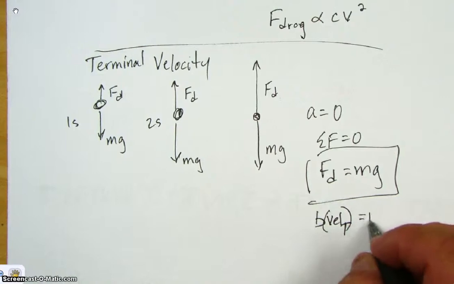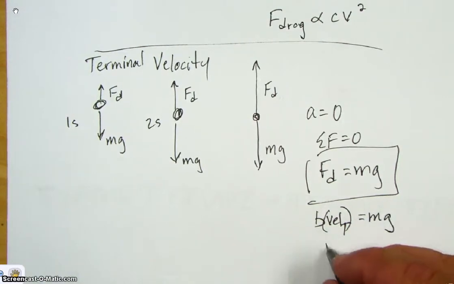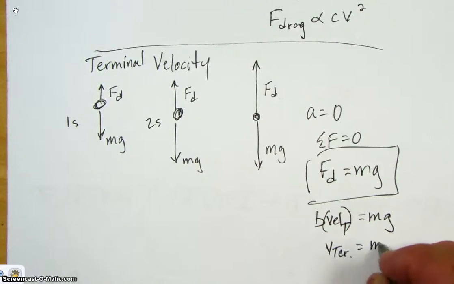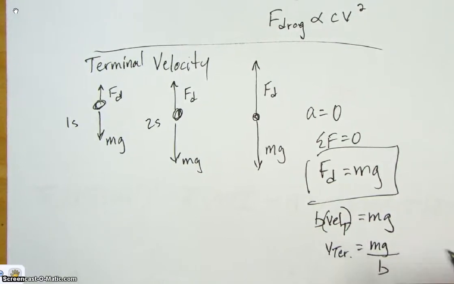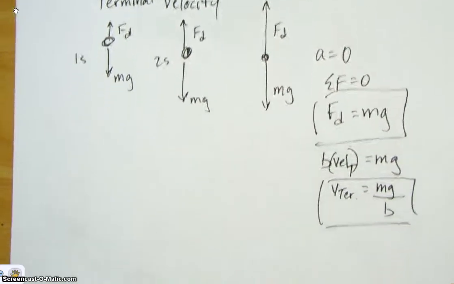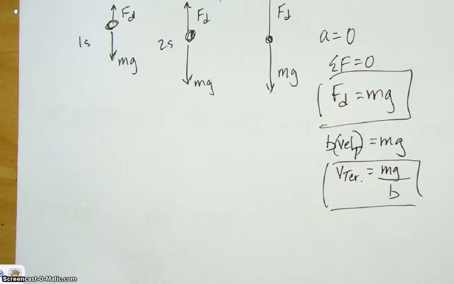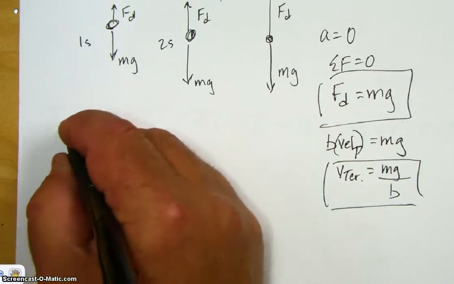I then say that's equal to m times g. Well, now I can see that velocity terminal is going to equal mg divided by b. So now I have some constant. Now you'd have to know what that constant was, and in this class we won't go that far. But perhaps later you will, as you go on in your love of science.